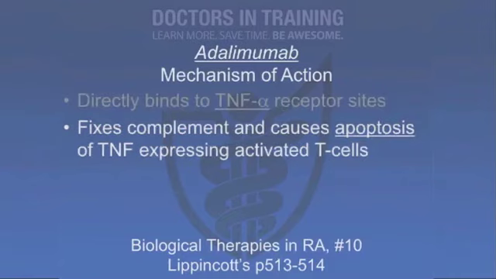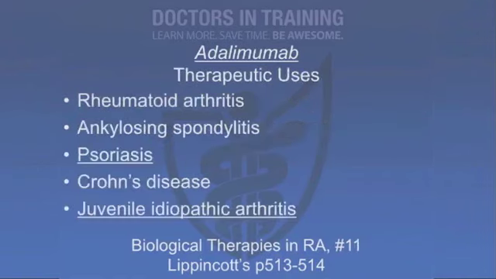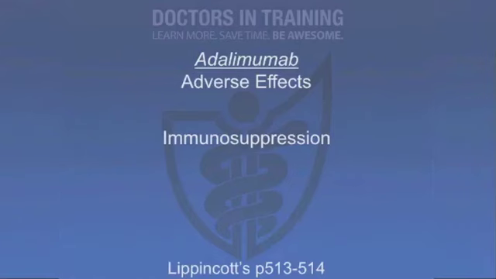It fixes complement and also causes apoptosis of TNF-expressing activated T cells. We use this one in rheumatoid arthritis, ankylosing spondylitis, psoriasis, Crohn's disease, and also juvenile idiopathic arthritis, which was formerly called JRA. And again, the adverse effect of this one is immunosuppression.